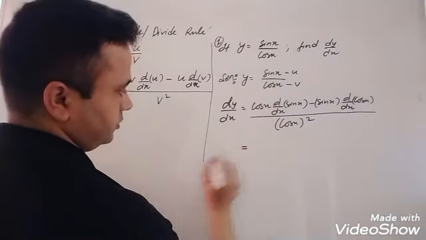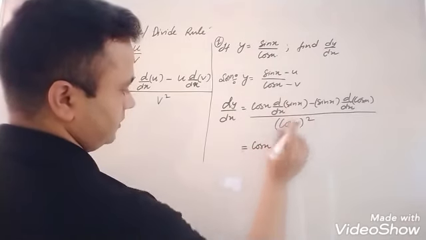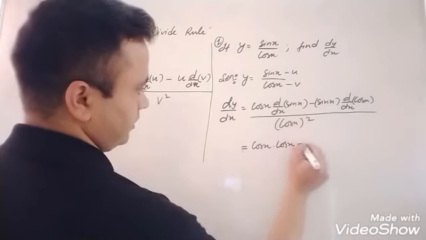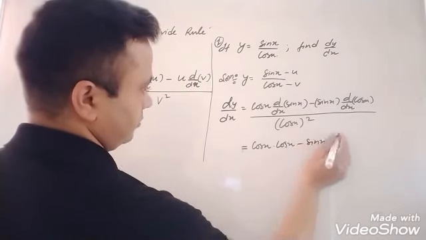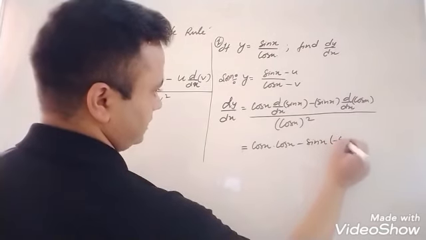So this equals, cos x is cos x. What is the differentiation of sin x? It is cos x. So minus sin x. What is the differentiation of cos x? It is minus sin x.